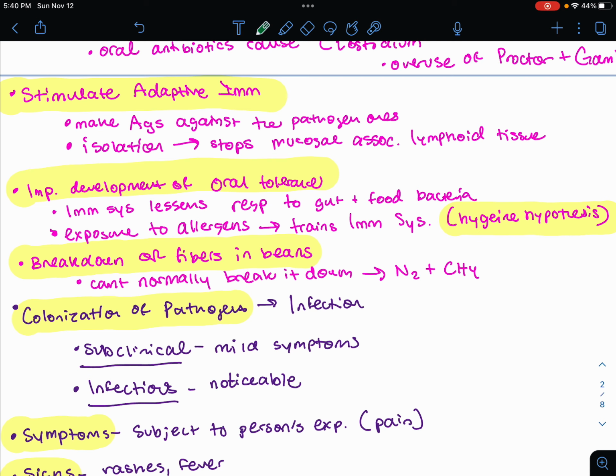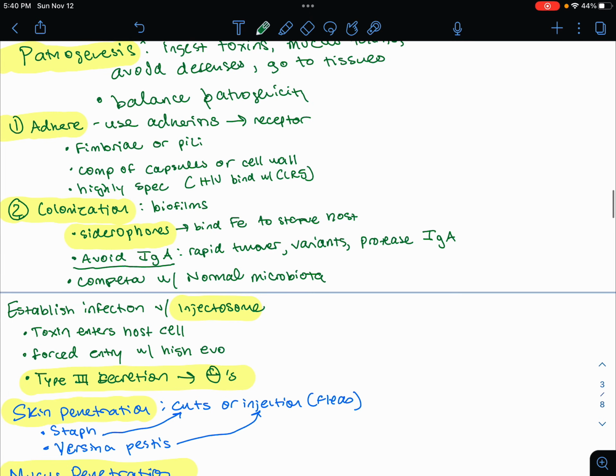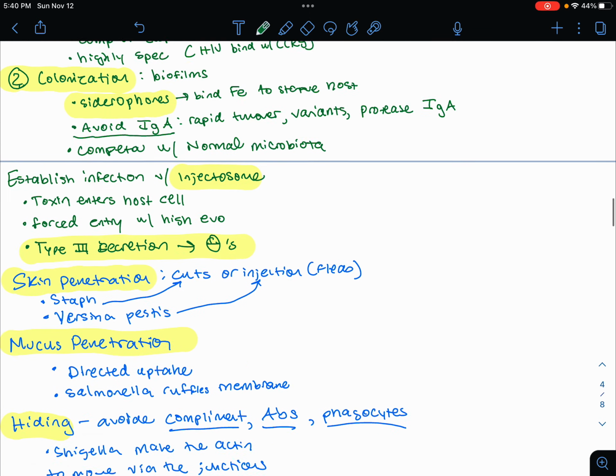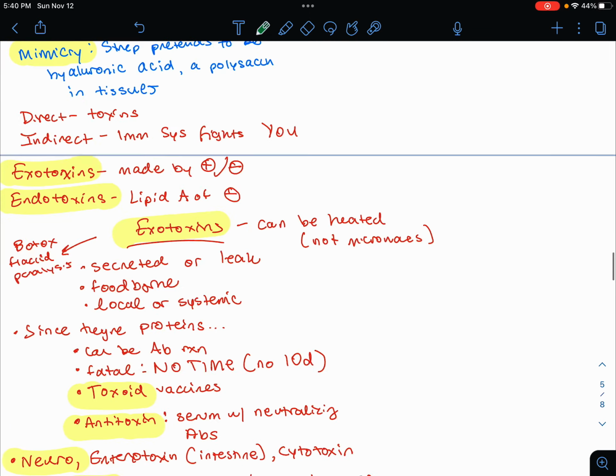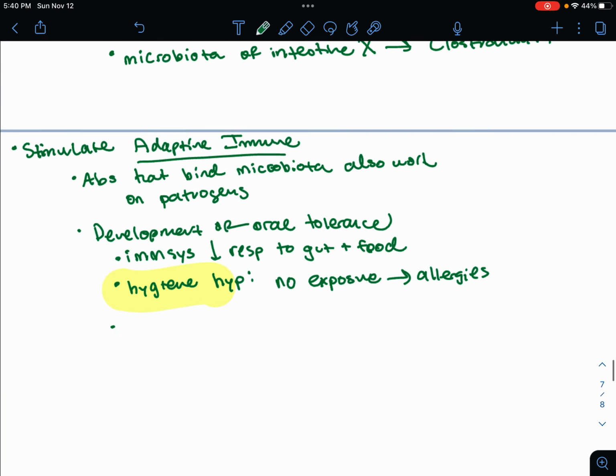They're able to break down the fibers in beans, so that's why we have so much gas production like nitrogen and CH4 methane. And from those bacteria breaking it down, they create those byproducts, and that's why we're gassy after eating beans. So think of that whenever you have Taco Bell next. That's the reason why. Those little microbes are actually helping you by breaking down the fibers.